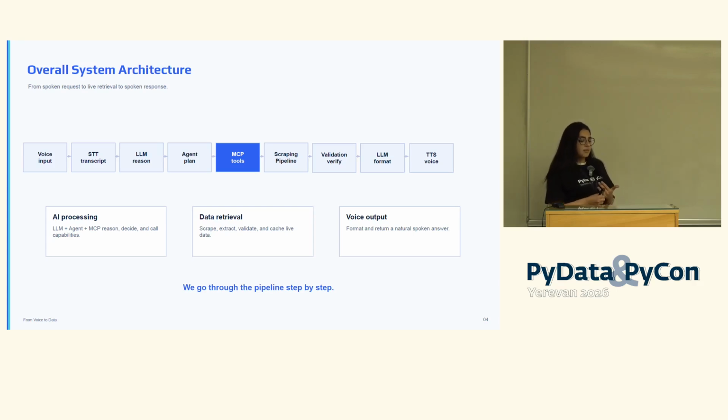So the system's architecture is drawn there. It's first the voice input coming from the user, then it goes through the STT, which is speech-to-text transcription. There are different models to do STT.